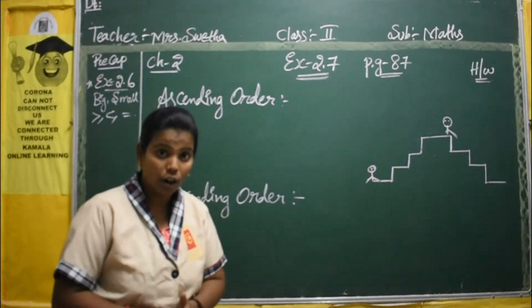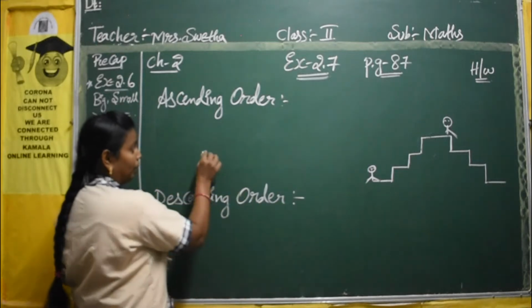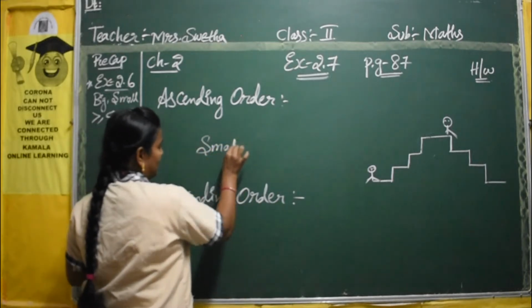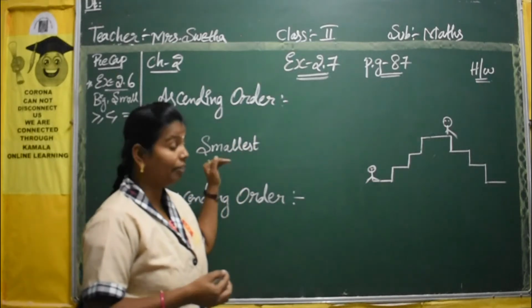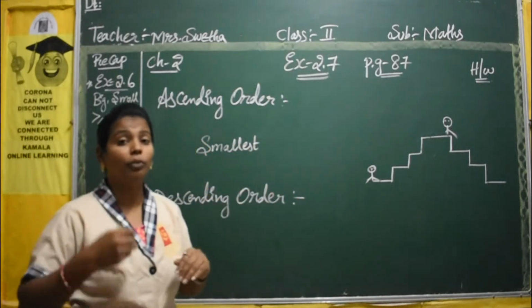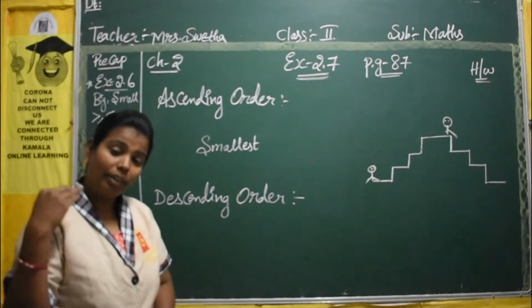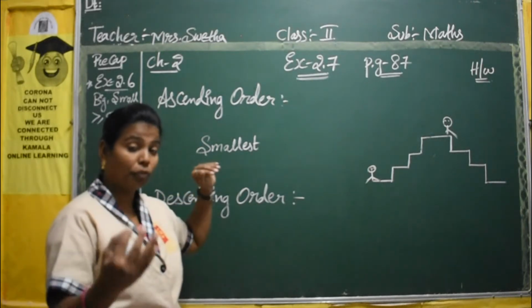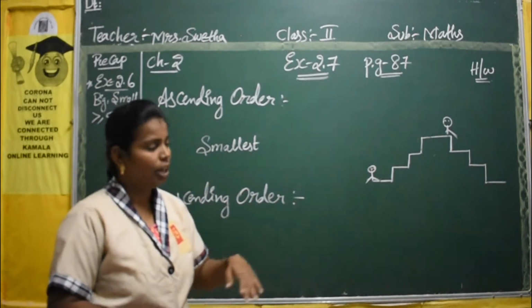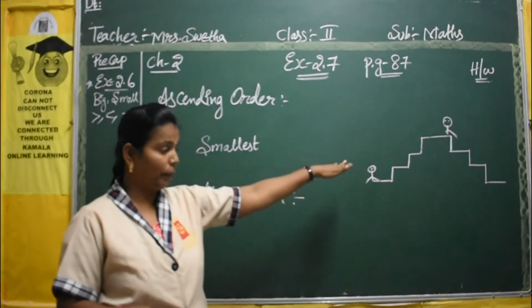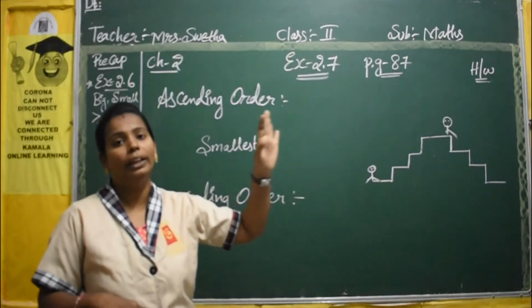Ascending order means smallest number to the biggest number. Some children remember it very fast, but a few get confused between ascending order and descending order. So I will explain through the picture how you can remember it clearly.